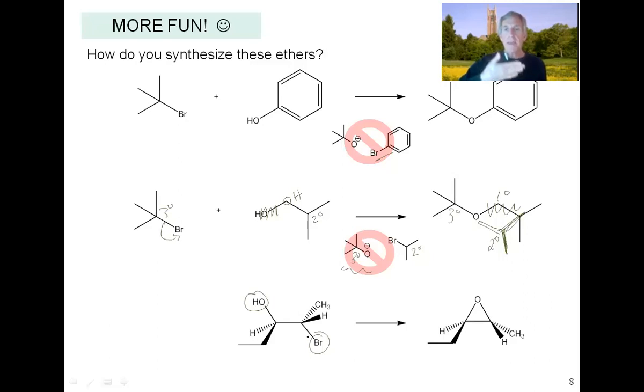And then you can draw them anti to each other on opposite sides with the wedge and dotted lines in the appropriate places. So here now I can do this and create this, and notice this backside attack pushes the dotted line methyl that's behind, pushes it down. And that's how it gets over here.